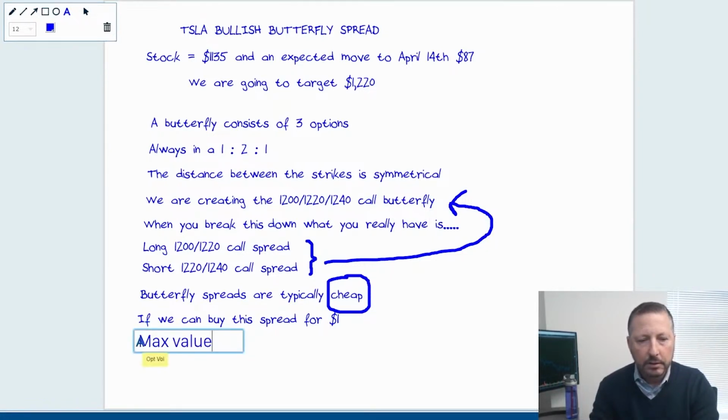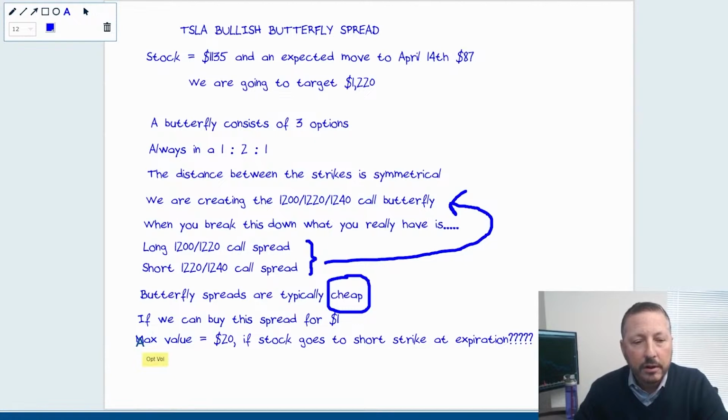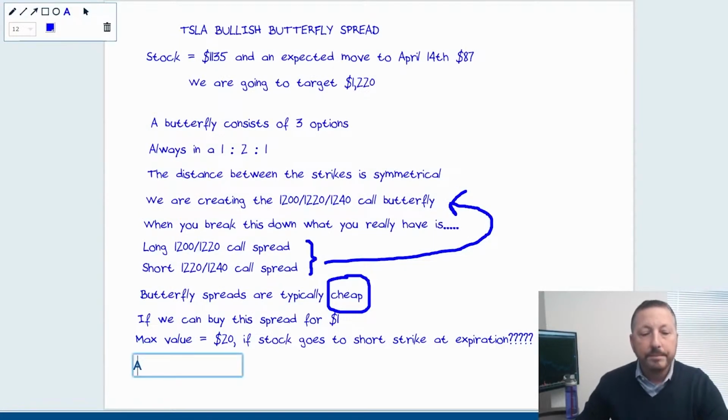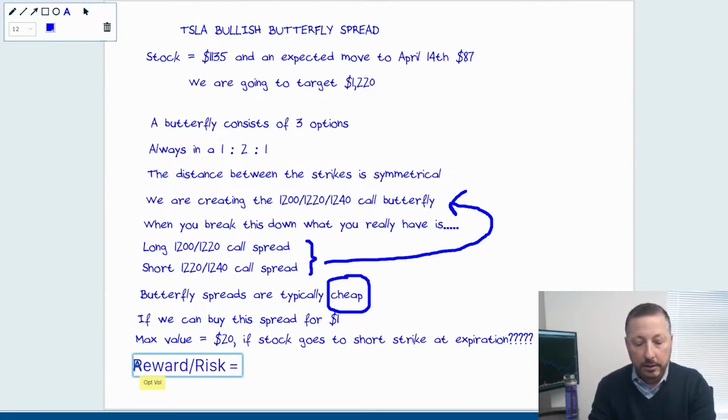It's $20 because if the stock went to the short strike at expiration, our 1200, 1220 call spread will be worth 20, where the short spread that we used to finance the purchase of the long spread is going to be worth 0. So the maximum value is 20. That means our reward to risk is 19 over 1, or 19 to 1.